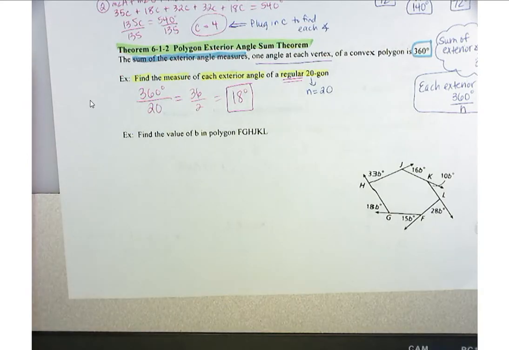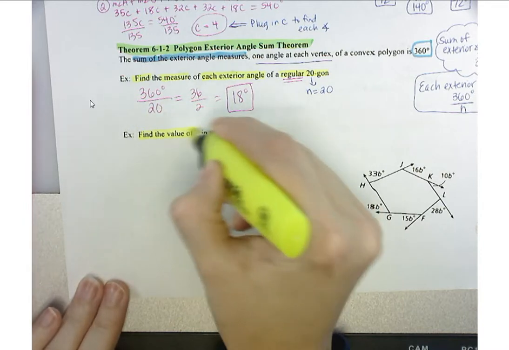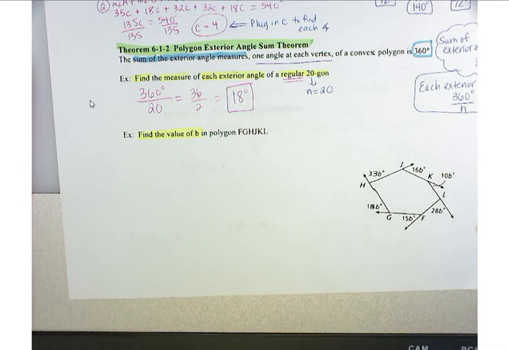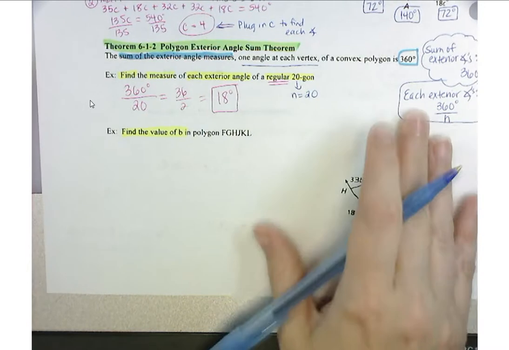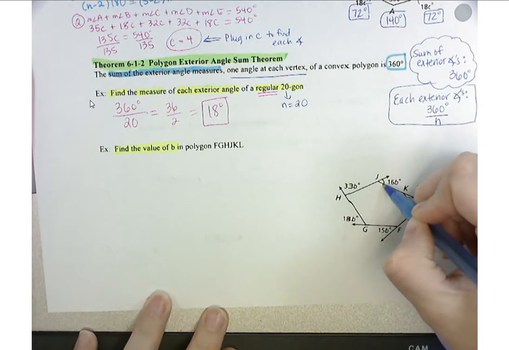And now we can find the value of B. And sometimes they might just say find the value, other times they might say find each measure. But for this, we only have to find the value of B. This is what your exterior angles look like. Okay, this is the angle that they're referring to.